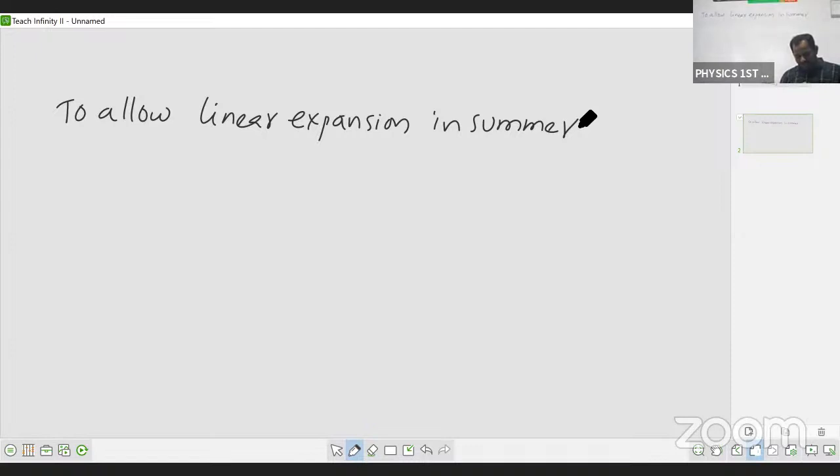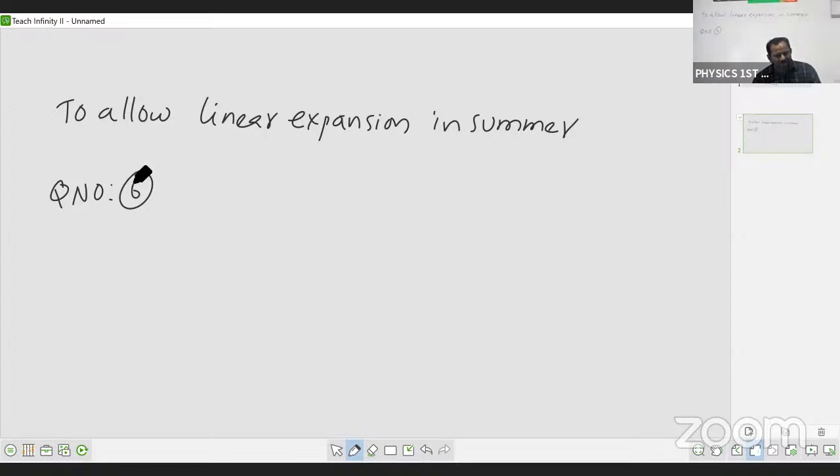Next question: why do liquids have no linear and areal expansion? This is question number 6 in our textbook. We are covering only important questions, student. There is no definite shape for liquids. For liquids, only volume is present.